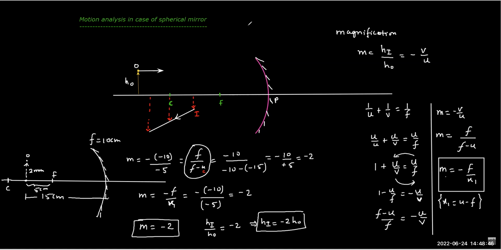I think your idea of motion is because of the foot of the object. This point is always moving left, but the tip, if you think, the tip is the image. The tip will keep on moving in this fashion. And the moment you reach F, the tip will become infinitely away. I mean, I cannot show it actually. That's very interesting.